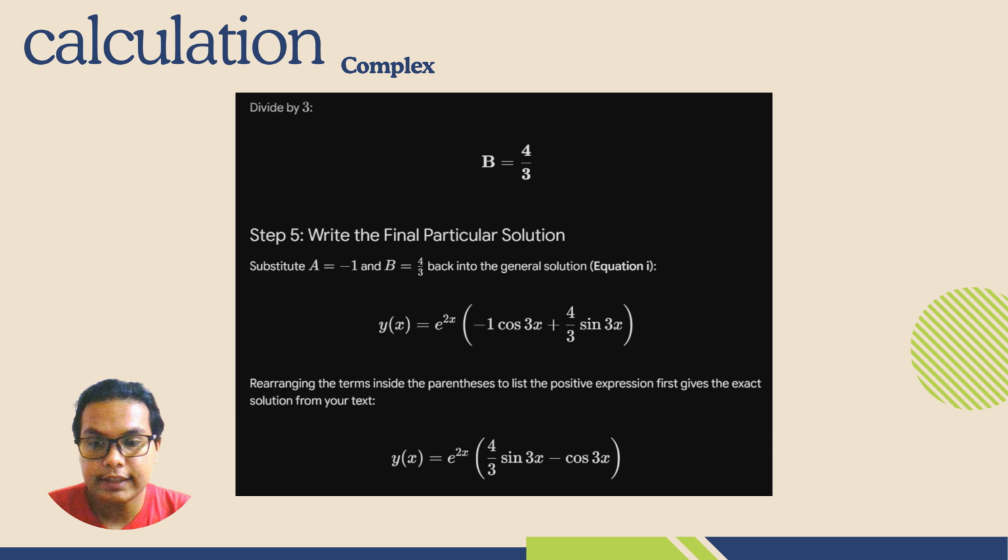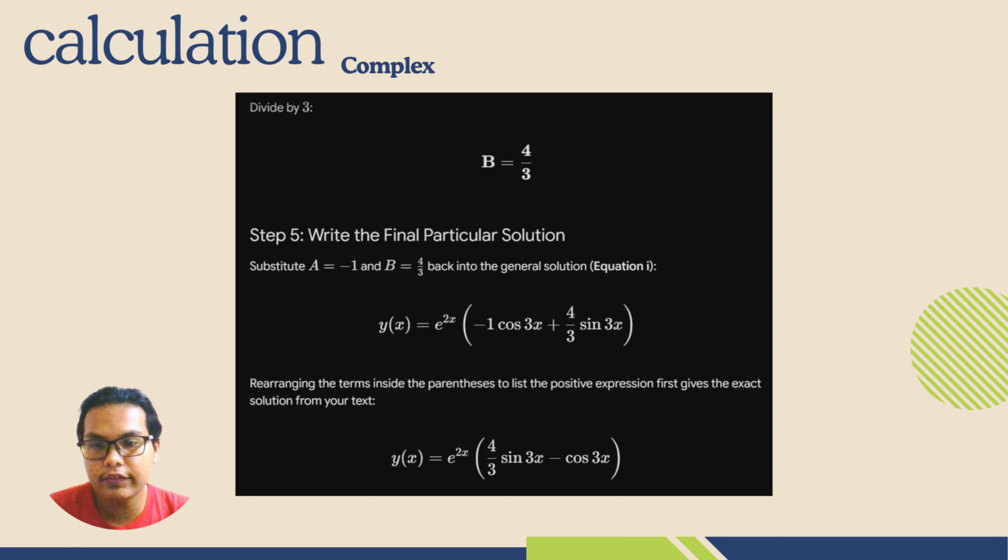So the last step that we are going to do is write the final equation. We will substitute a equals -1 and b equals 4 over 3 into the equation, which will be y(x) equals e to the power of 2x times -1 cos 3x plus 4 over 3 sin 3x.